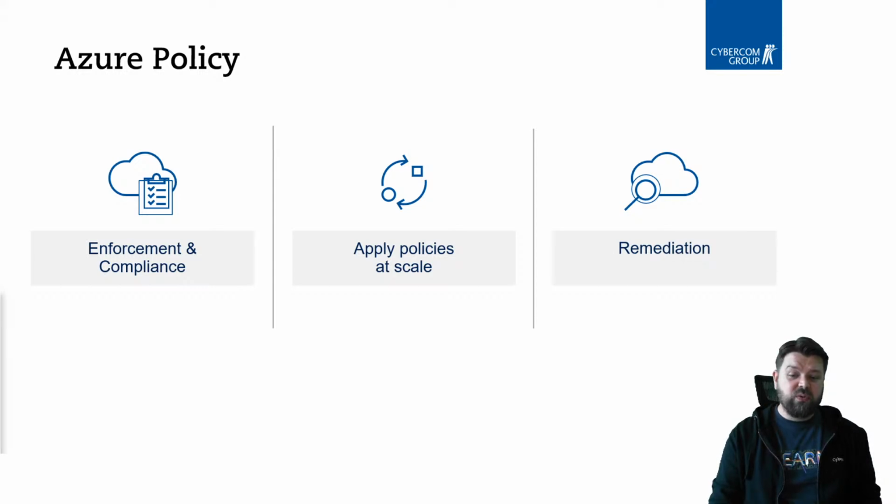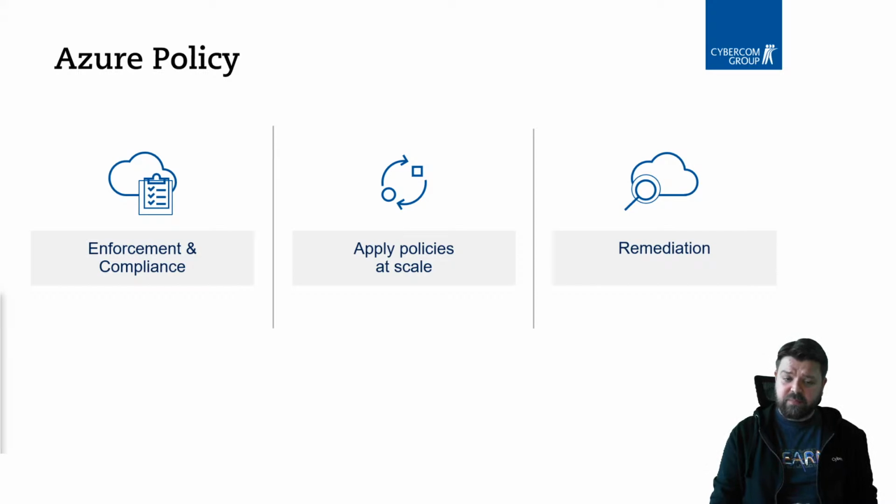And what's really cool about them is once you go into a hybrid world, you can have VM in-guest policy controls, but also Arc. If you use Arc to control something in your own premises, your Kubernetes clusters or virtual machines on premises, or even in AWS or Google Cloud, you can have policies for those. And you can apply them at scale.